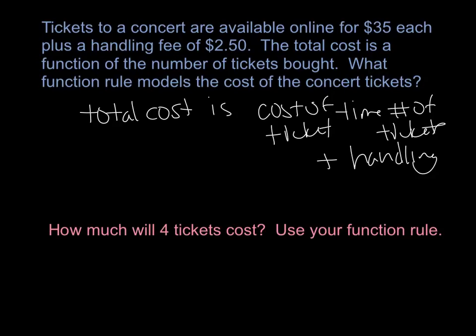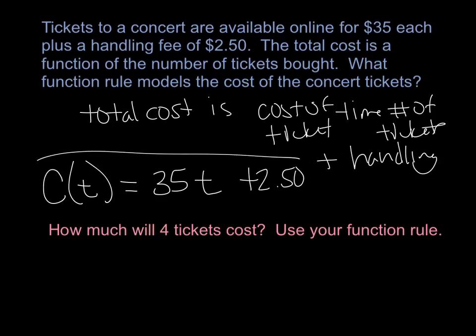So the cost is dependent on the number of tickets, and we're going to write a function. The total cost of the number of tickets, C is for the total cost, T is for the number of tickets, is $35 times the number of tickets plus the handling fee. So right here is a function that represents the total cost.